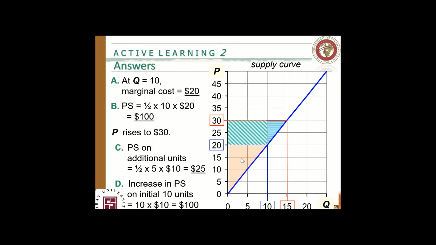But we have these two added to the original producer surplus at price 20. So we have extra additional values, and usually we ask these questions, so you pay attention to how to calculate those contributions to the total producer surplus.